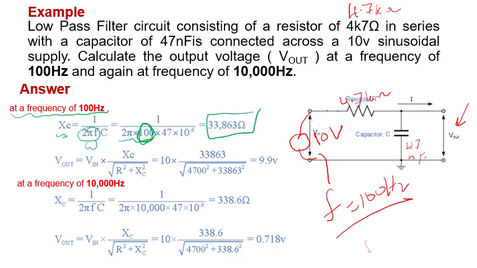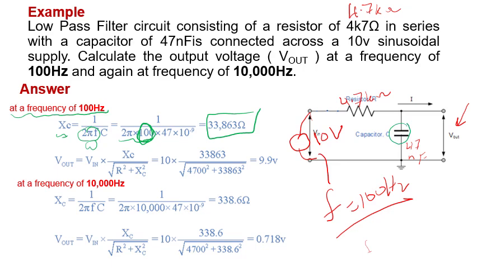It's very high resistance. Consider it something like an open circuit. I mean, it's a very big resistance. So you will find the reactance is around 33.8 kilo ohm. Considering this reactance at this point, calculate the output voltage.